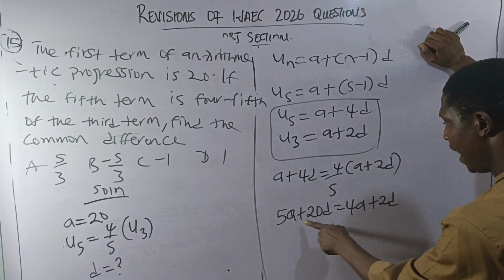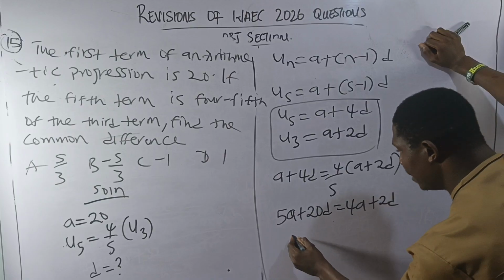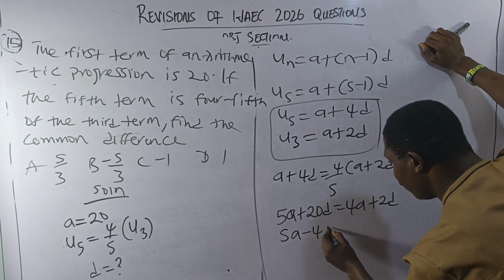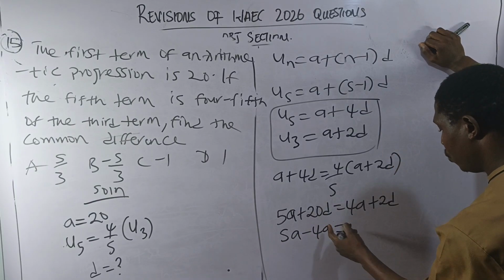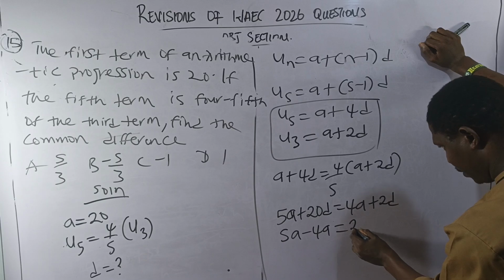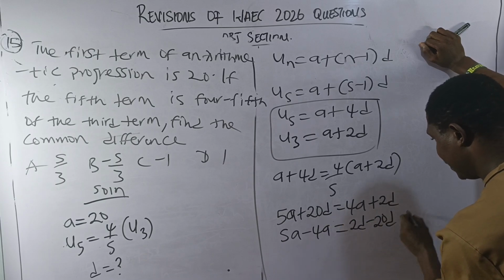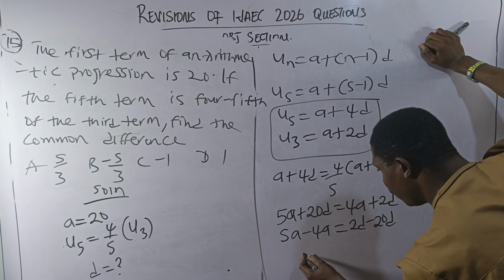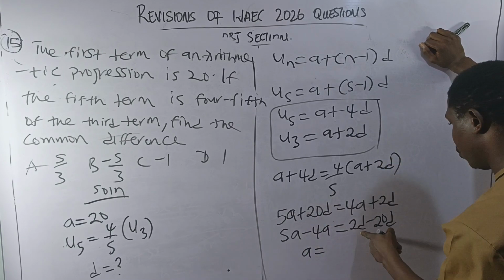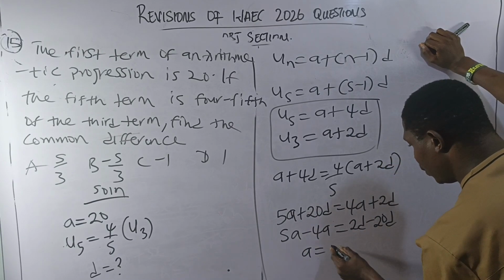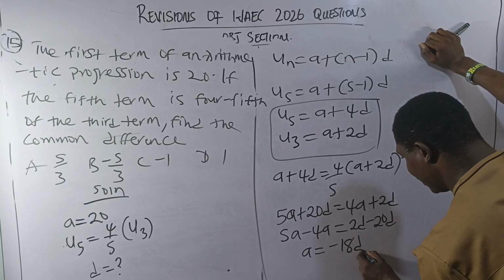Now I have a, I also have d. This will give me 5a minus 4a equals 2d minus 20d. Now 5 minus 4 gives me 1, so I have a equals 2 minus 20, which gives minus 18. I'll attach my d.